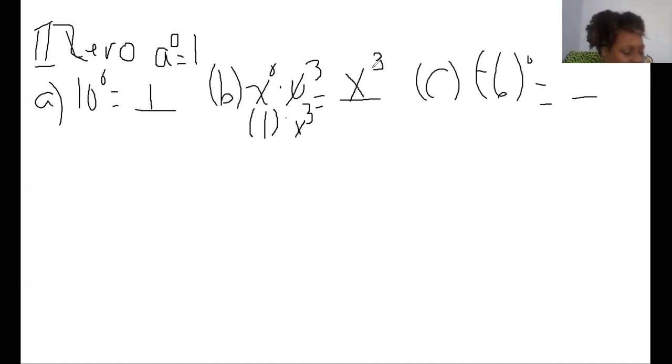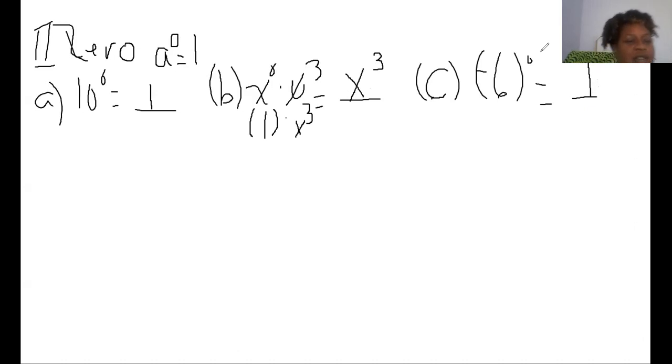Final answer. And notice here at C model, we have negative 6 raised to the 0 power. Once again, any base raised to the 0 power, that answer is 1. All right? So that is how simple it is to apply the 0 power rule.